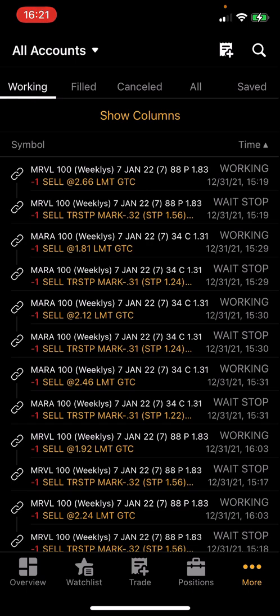So this means that if you reach 20%, Thinkorswim will automatically take profit for you. But it also means that your other two contracts, you'll be stopped out at break even if the price immediately reverses.